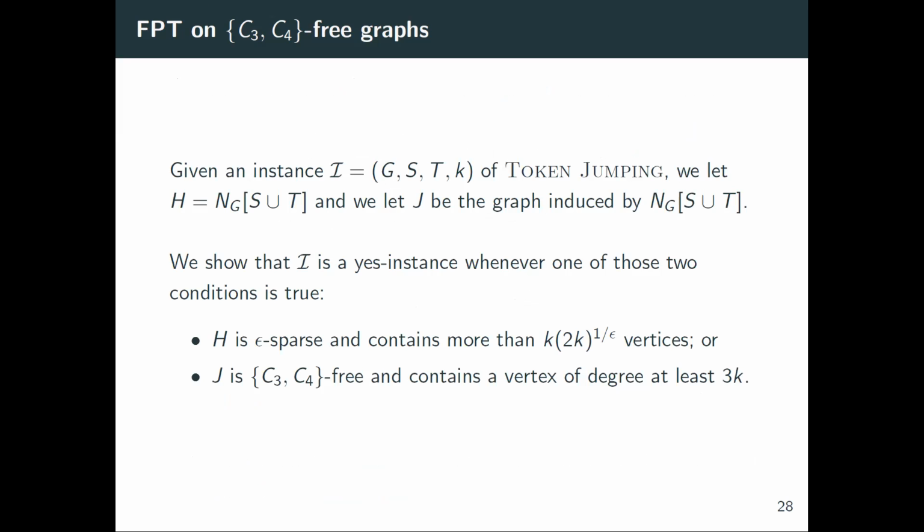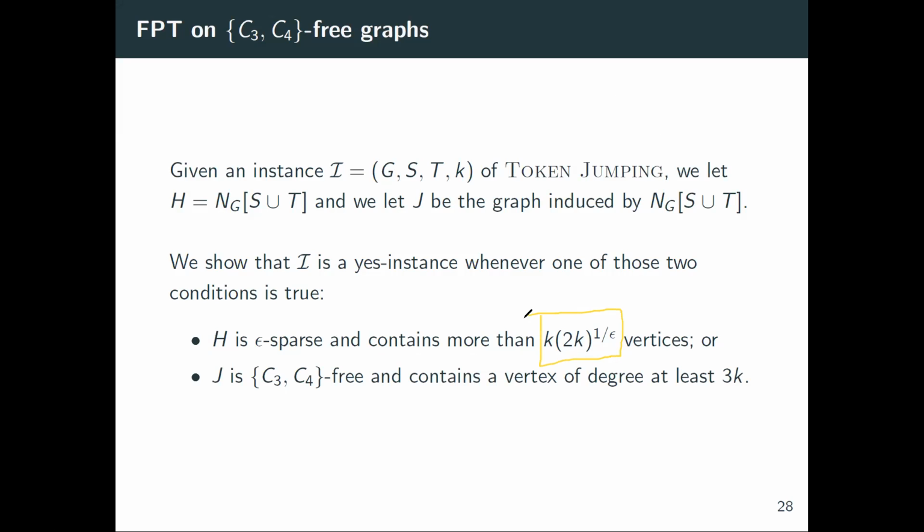So what do we show? We're going to use the buffer technique and combine it with something else. We show that you have a yes instance whenever one of two conditions is true. The first condition is that H is epsilon sparse and contains more than this many vertices.